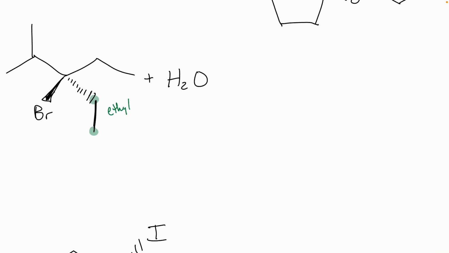So I'm going to do my first product where I don't change anything around. I'm just going to redraw. Wedge over here, dash over here with that ethyl group. And then what am I substituting that bromine for? What's my new functional group over here? Just OH, right?